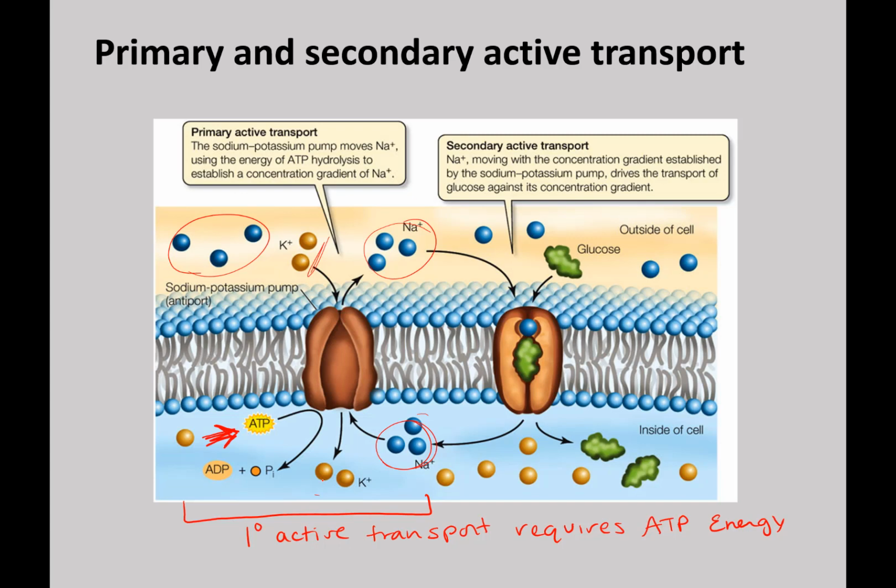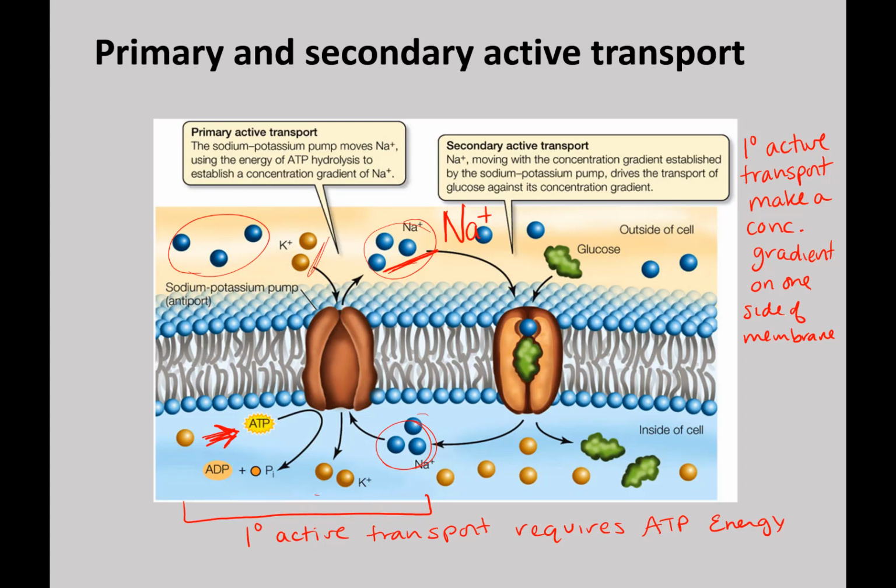The point of this is that the cell, so primary active transport, let's erase this, makes a concentration gradient on one side of the membrane. So what's happening here is the cell is pumping sodium out, and sodium is becoming high in concentration, so there's lots of sodium out here.